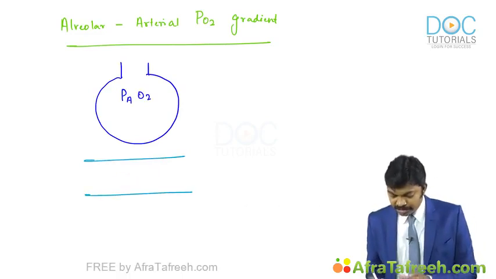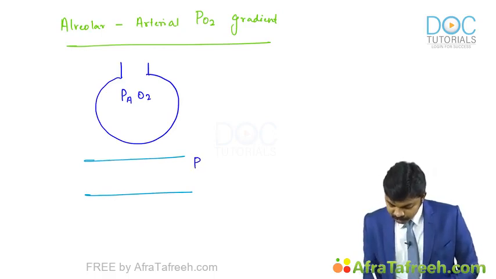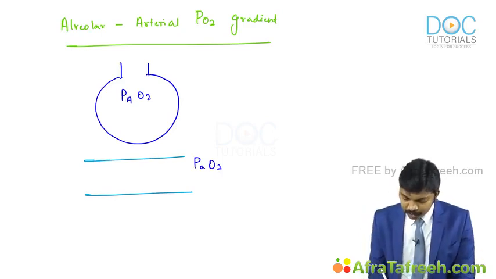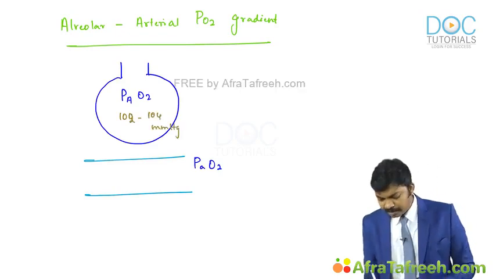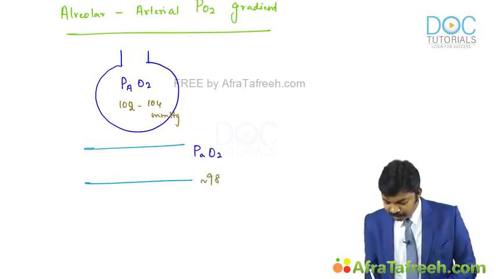Okay, once oxygenation happens, what is the partial pressure of oxygen on the arterial side? We know on an average we have about 102 to 104 millimeters of mercury in the alveolus. On the arterial side, we have somewhat about an average of 98 millimeters of mercury.